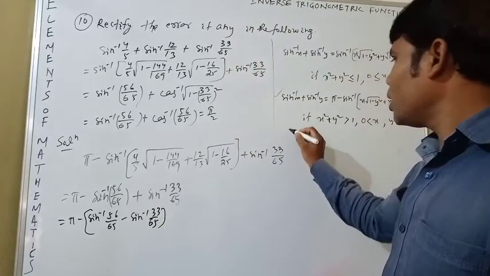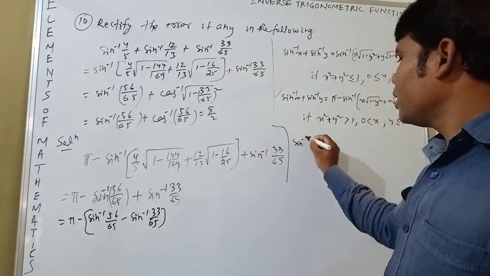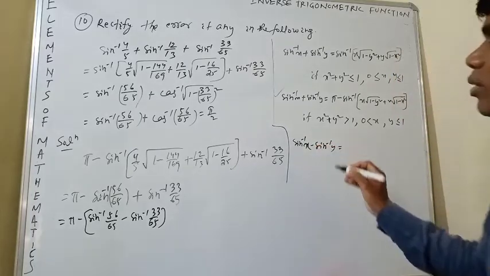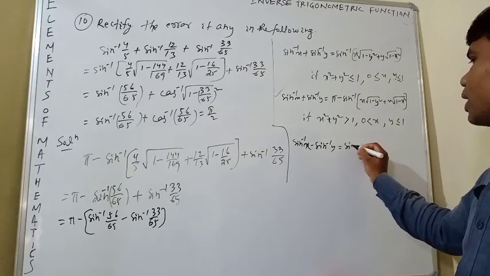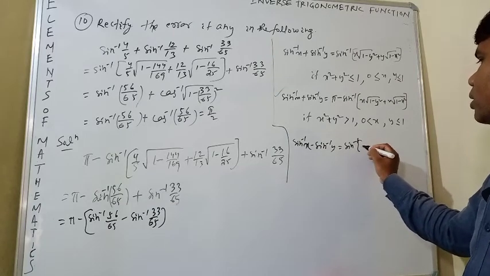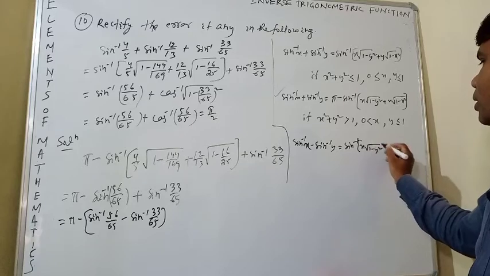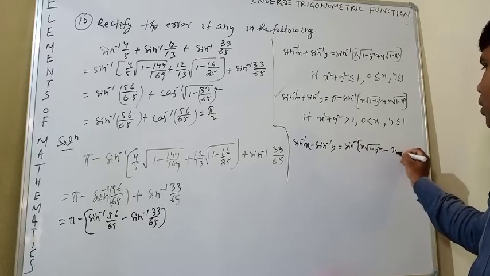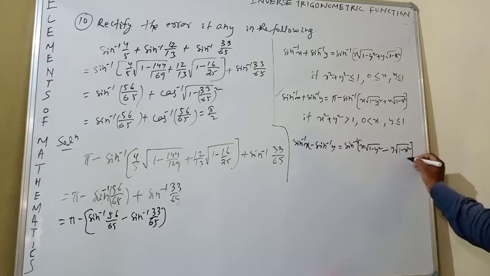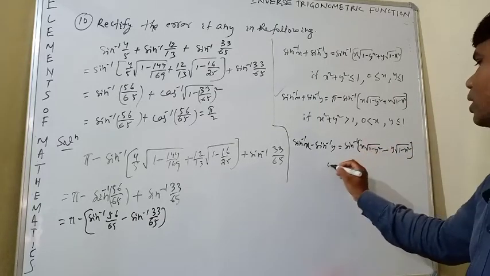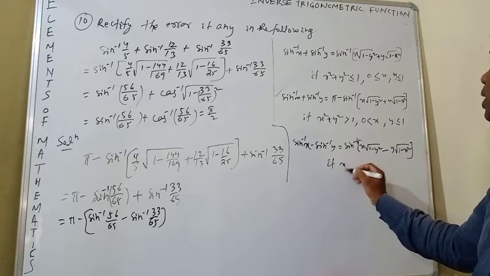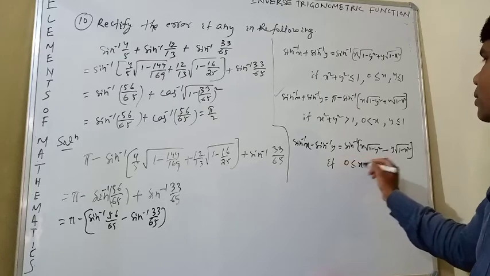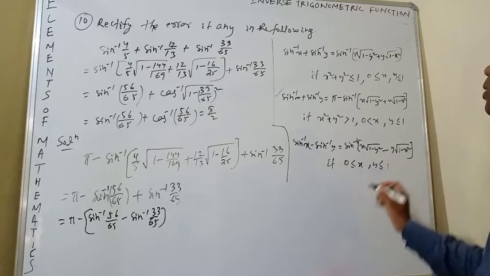You know the formula: sin inverse x minus sin inverse y is equal to sin inverse of x root over 1 minus y square minus y root over 1 minus x square, if 0 less than or equal to x, y less than or equal to 1.